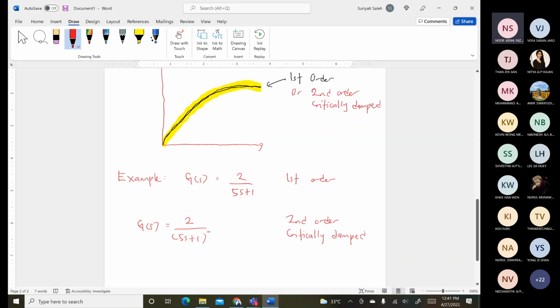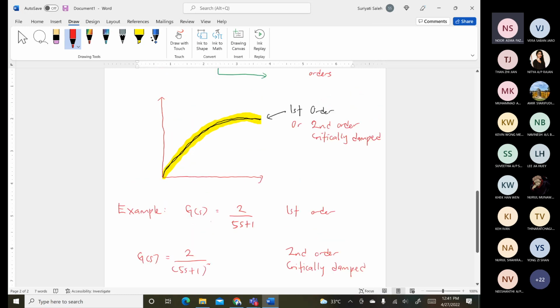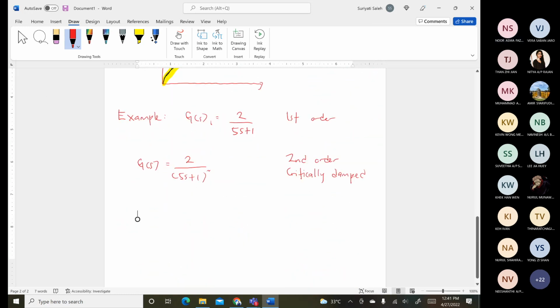Meaning that the only change is on the denominator, where currently you have 2s plus 1, and this one becomes 5s plus 1, 5s plus 1.